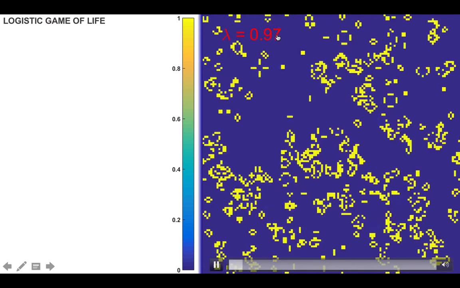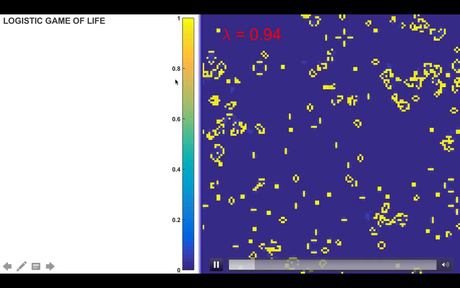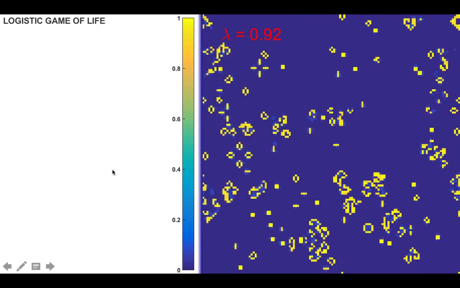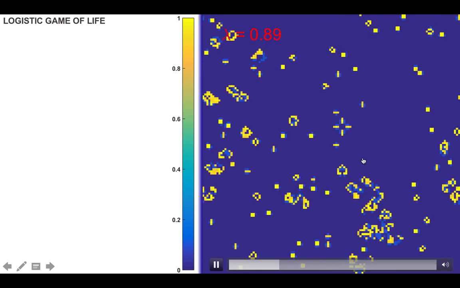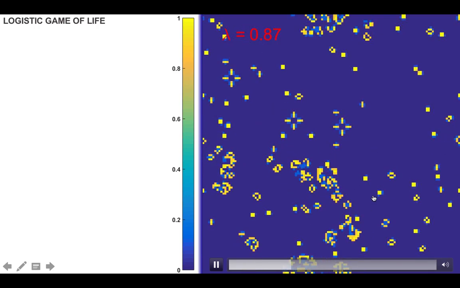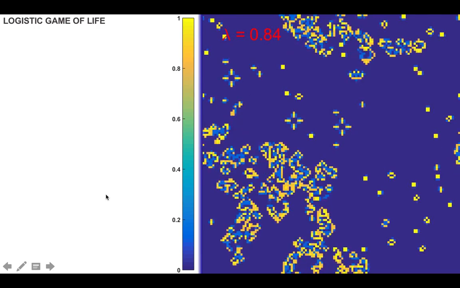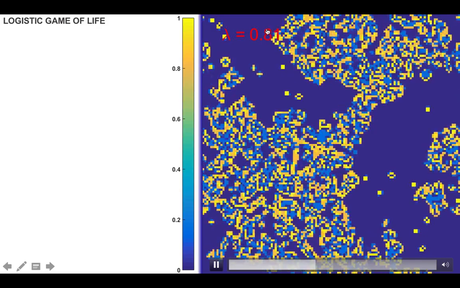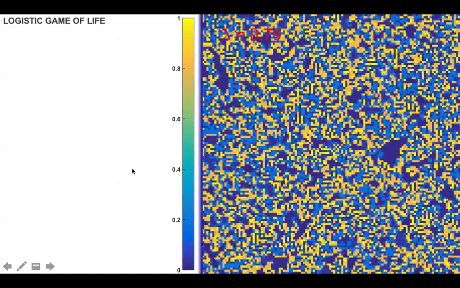When lambda is 1, you basically recover the original Conway's Game of Life. But as lambda goes down, you can see that the behavior doesn't change immediately, but the states become blurred. And while this system is running, as lambda is going down, you have these flickering states.